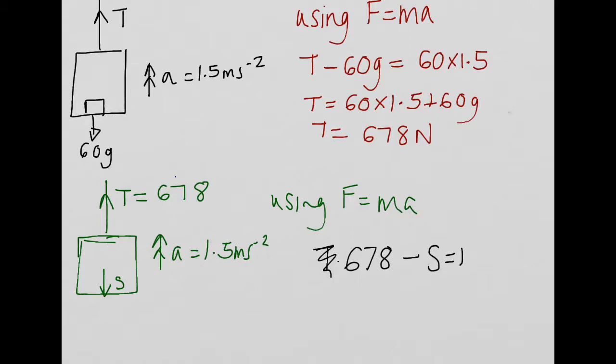And I do think an A-level question on an exam paper would say either it's going to have zero mass or it's light. So both of those would mean that it's 0, multiplied by your acceleration, which is 1.5. Which, if you look, means the right-hand side of this expression is 0. So 678 subtract S must be 0.